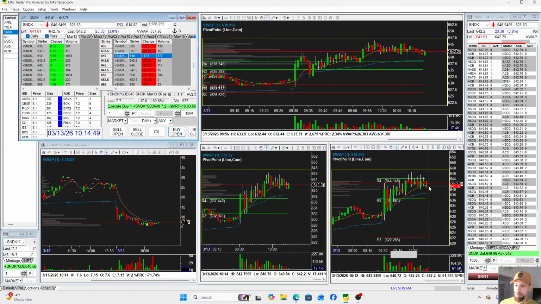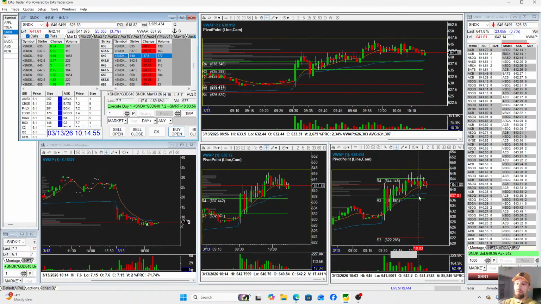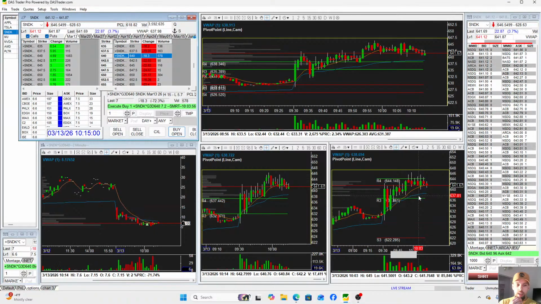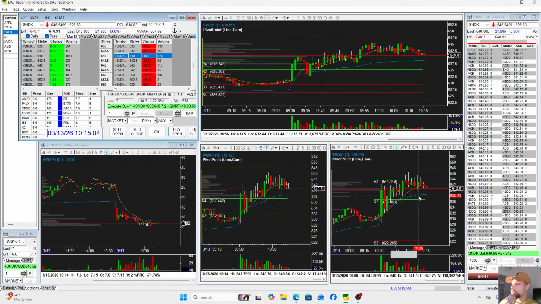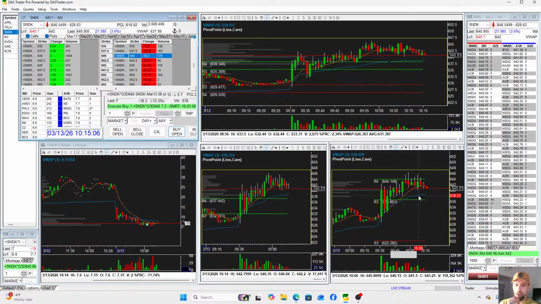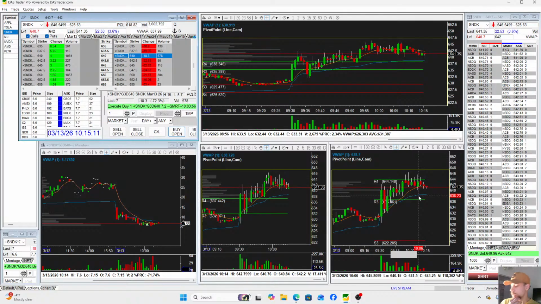Three-minute chart tested this moving average, is bought back up above it. Want to see, just keep watching here. Still in the trade. SPY's still moving down, man. I'd love for it to pull down SanDisk with it.